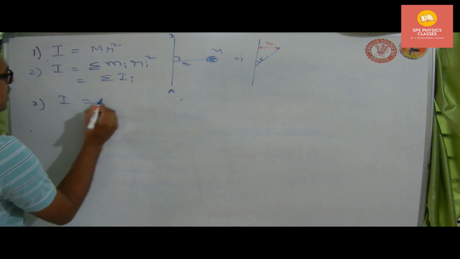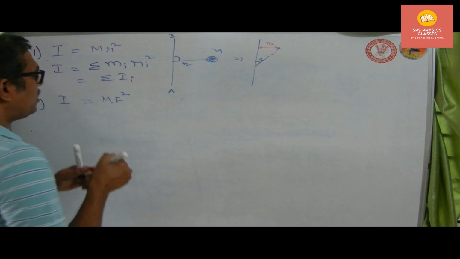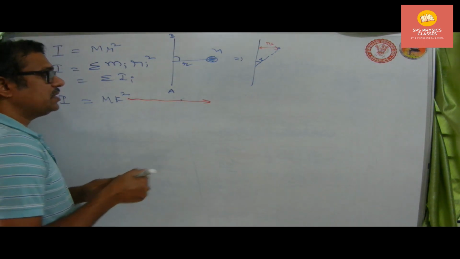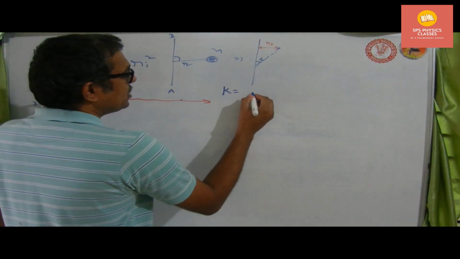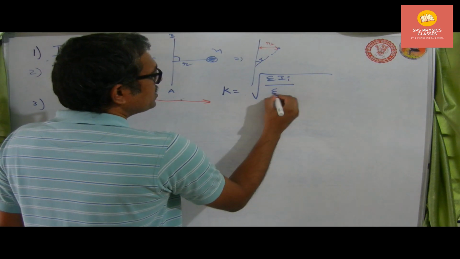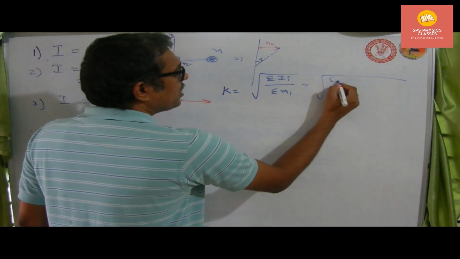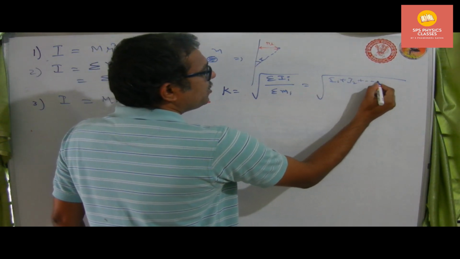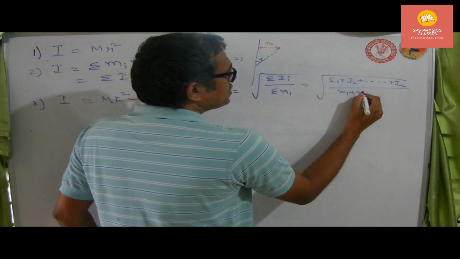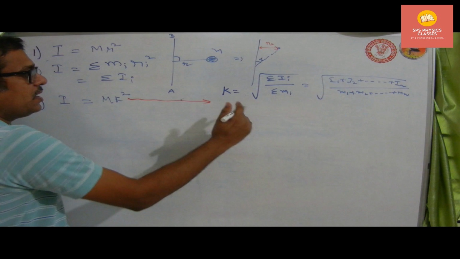Now, the third one: when you know the radius of gyration of the material, we can apply I is equal to mk square, where k is known as radius of gyration. To determine the k value, there may be a type of question in the examination. The first formula is k square equal to sigma mi ri square by sigma mi, and the second is I1 plus I2 plus up to In divided by M1 plus M2 plus up to Mn.